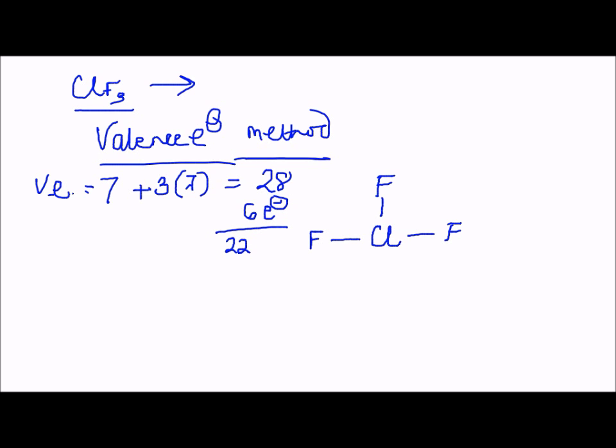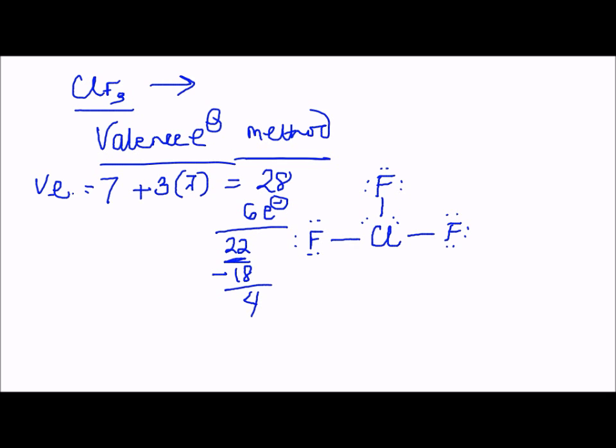And now if you try to place these 22 electrons around the elements, that's 6, these are 6 again, these are 6, so those are 18. And I still have 4 more electrons to go. So that's 4 electrons, and those are going to stay essentially on the central atom chlorine.